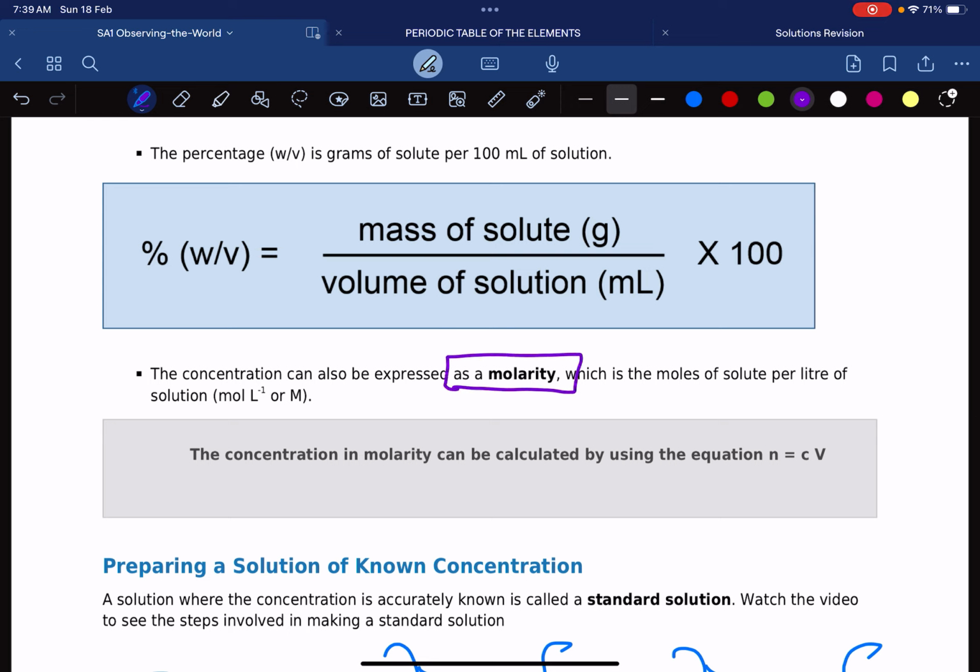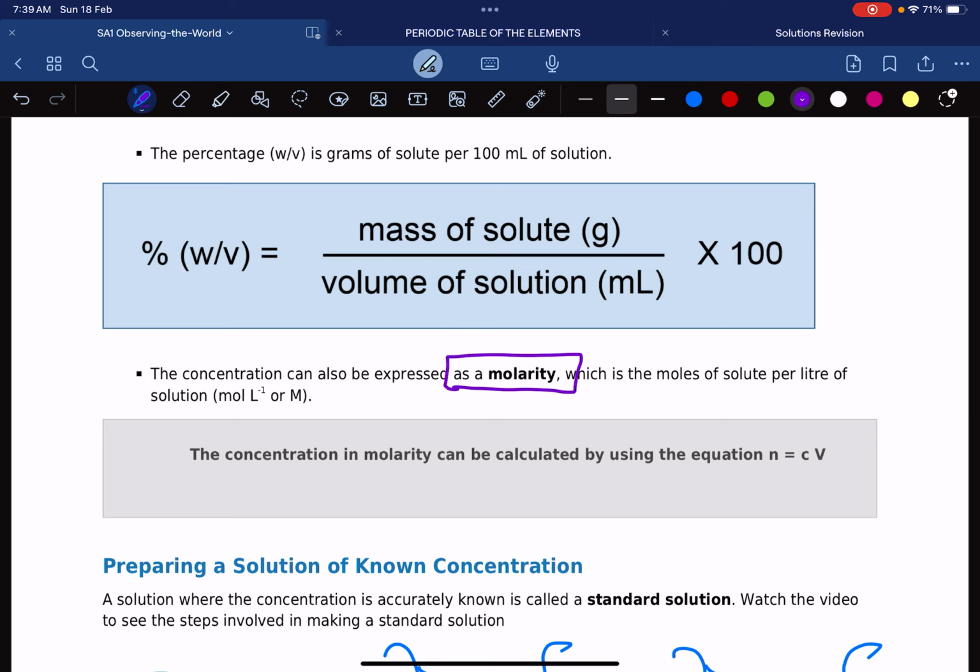So 17.855 divided by 475 times 100 gives us 3.76% weight over volume. Sometimes you might see in some books it's written as percentage m over v. M basically is mass over volume. It's the same concept.